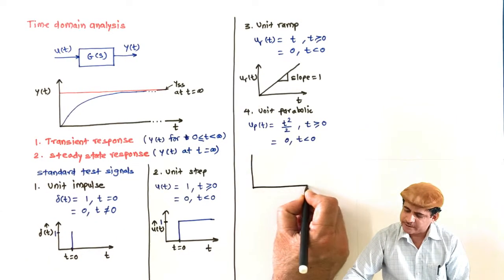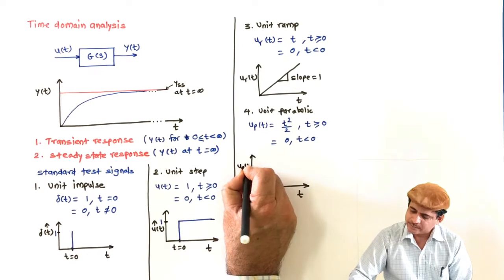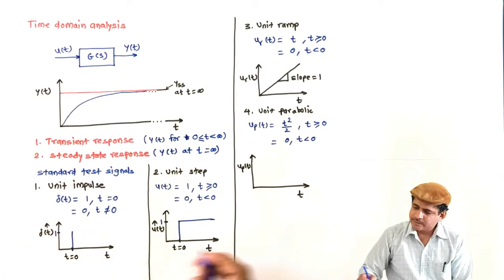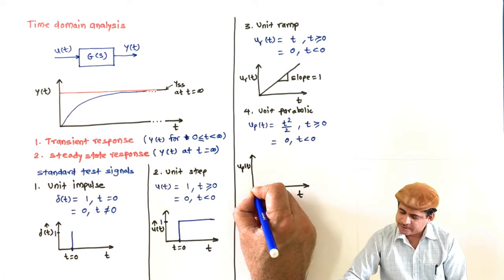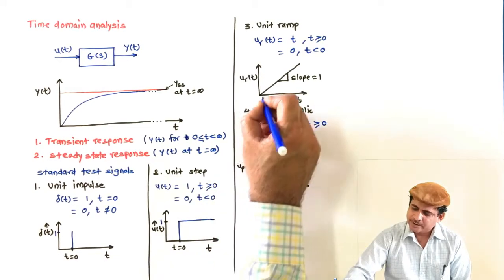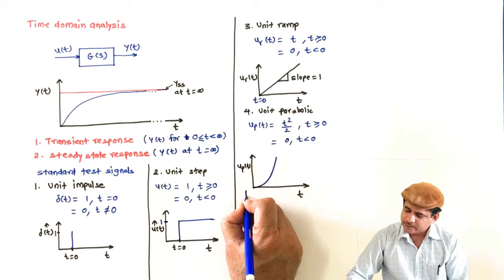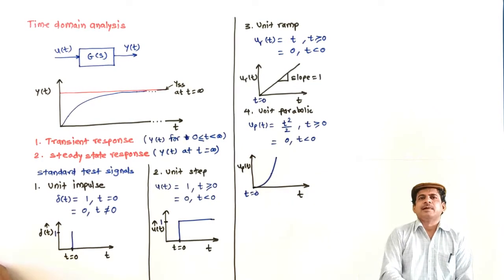And if you want to sketch it, let this here t equal to 0 be there, it will be like this. Even here you have t equal to 0 at the origin.